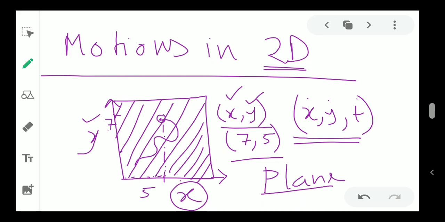So this is one plane. The ant can move only in this plane. It cannot go out of your screen, right? So that's why it's two-dimensional. In three-dimensional, it can come out of your screen and it can fly into your room. So that will be three-dimensional.